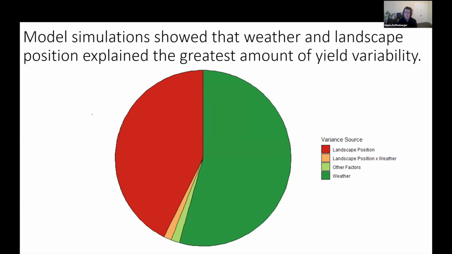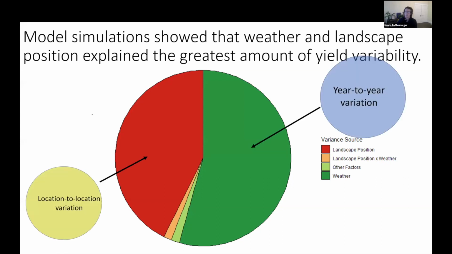And so what we're really seeing is that in our region, yield stability is primarily controlled by a combination of that year-to-year temporal variation and that location-to-location spatial variation that Hannah mentioned in her first slide, but not the interaction between weather and landscape position that might be observed in a less well-drained soil, like something in central Iowa.